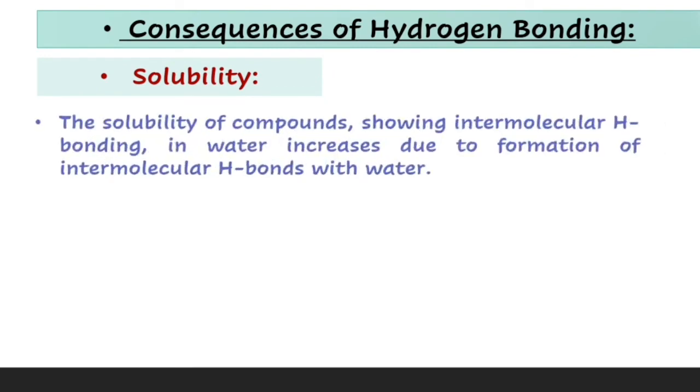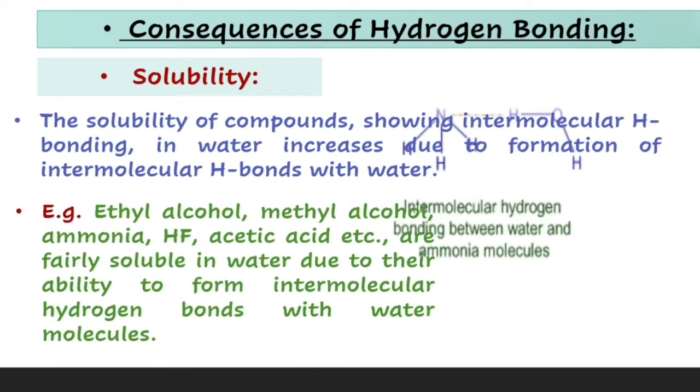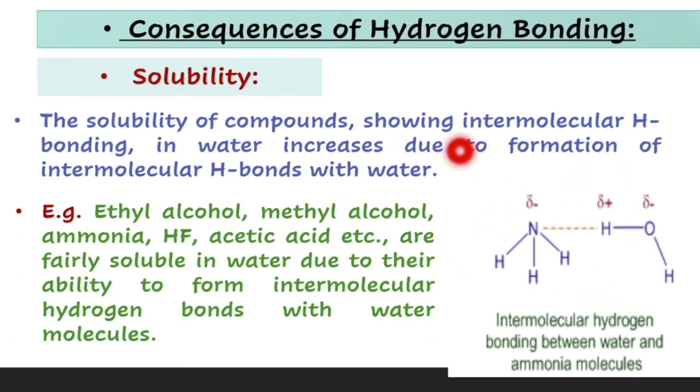Now let's study solubility in the case of hydrogen bonding. The solubility in water of compounds showing intermolecular hydrogen bonding increases due to the formation of intermolecular hydrogen bonds with water. We know that there is an electronegativity difference between the atoms in water. Ammonia also has an electronegativity difference between nitrogen and hydrogen.